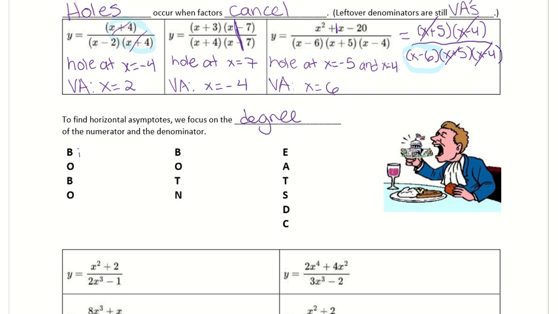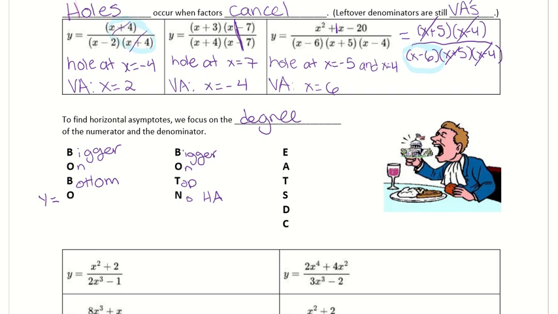Bobo stands for bigger on the bottom. The horizontal asymptote is going to be y equals 0. Botten stands for bigger on the top. There is going to be no horizontal asymptote.